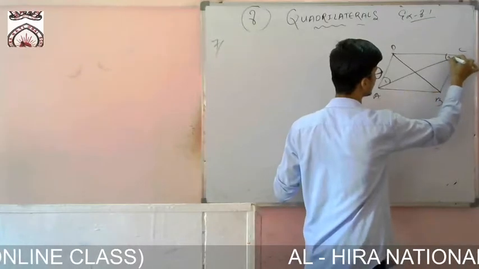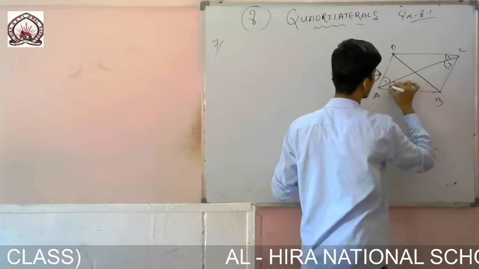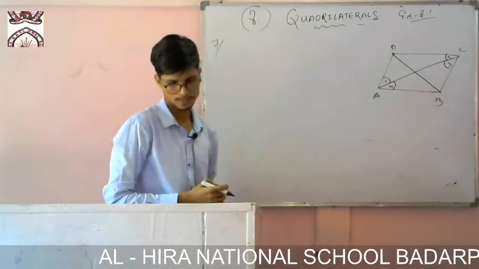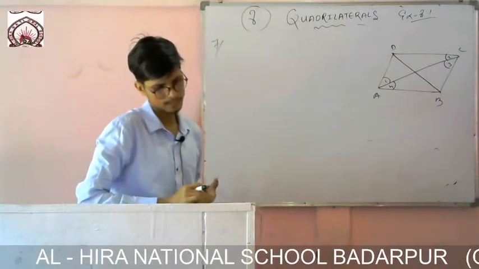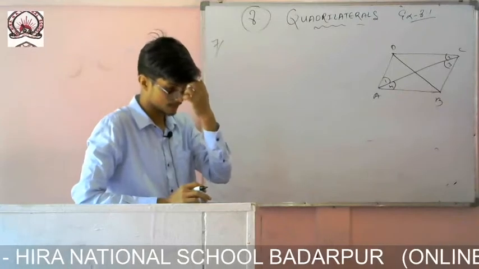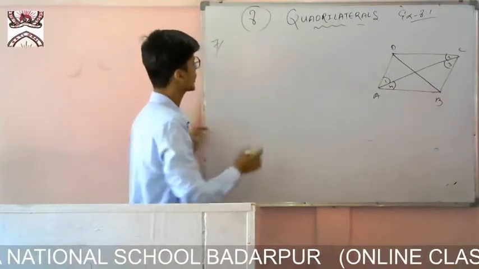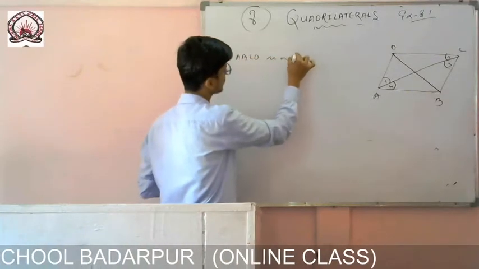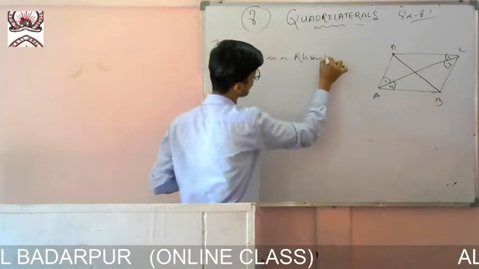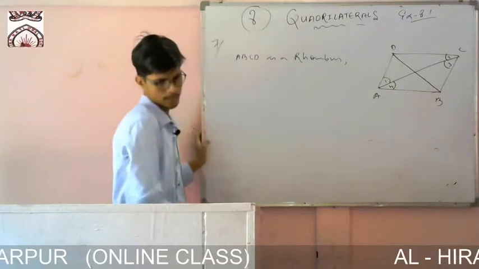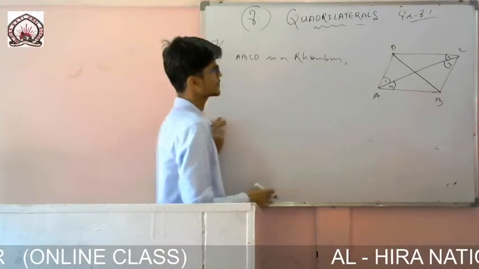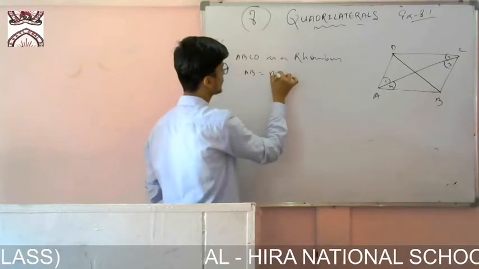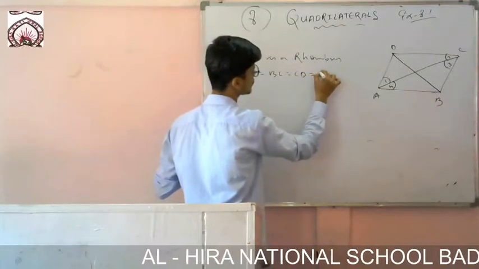Let us number the angles 1, 2, 3 and 4, it will be easy for us. Now I can easily relate like earlier question number 6, Roman number 1, the same one we have done. Since ABCD is a rhombus, all the sides are equal, so AB is equal to BC is equal to CD is equal to DA.